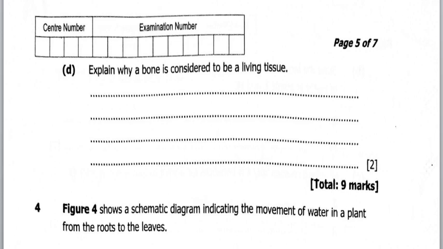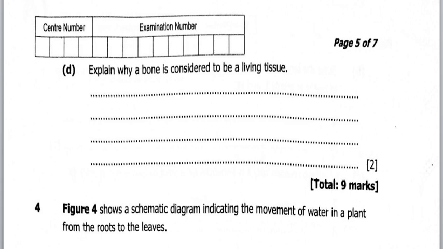Number three, it can be infected by any disease that a bone can be infected by. Looking at those scenarios, definitely yes, a bone is considered to be a living tissue.